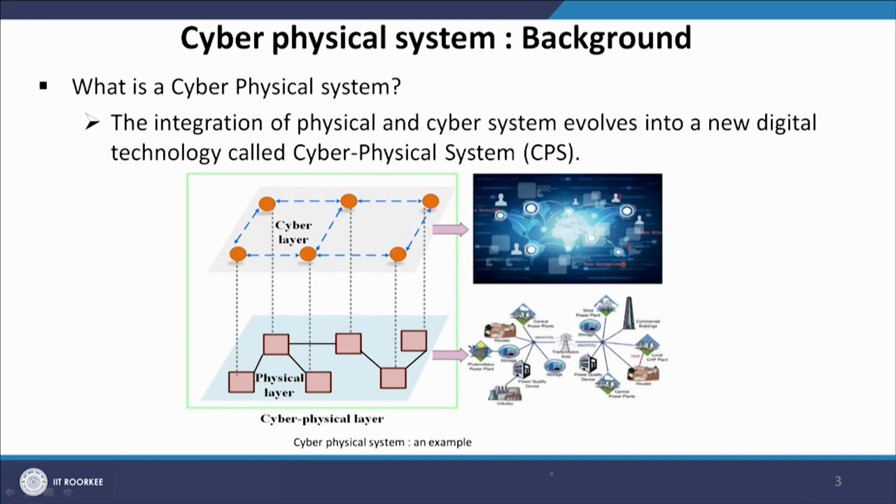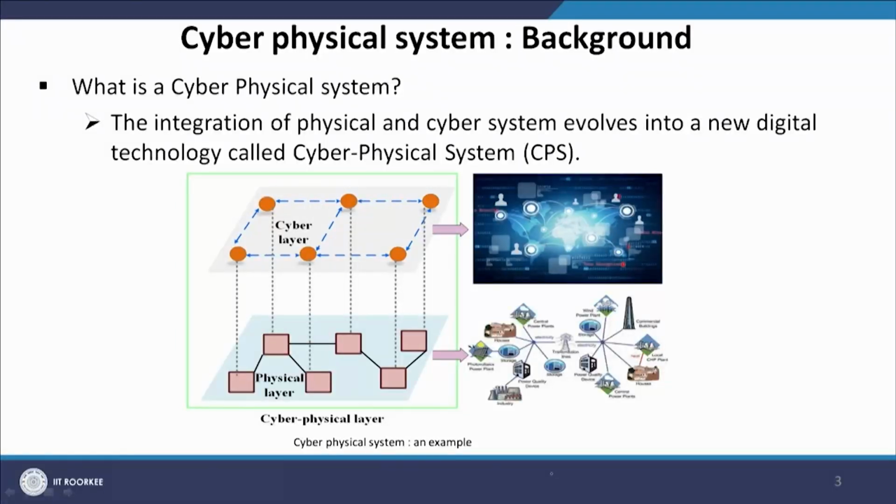Now, when we talk about cyber physical systems, the question comes to mind: what exactly is a cyber physical system? Probably those in the field of cyber security research may know it, but otherwise it is a new term for most engineers today. It is the integration of the physical and cyber system.